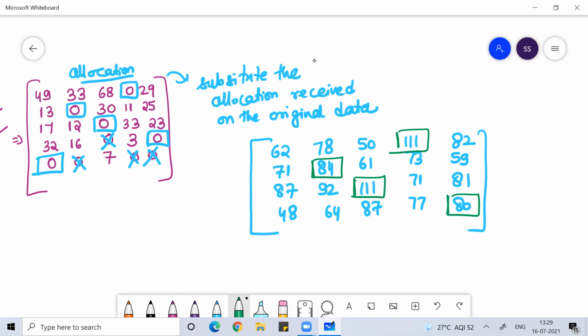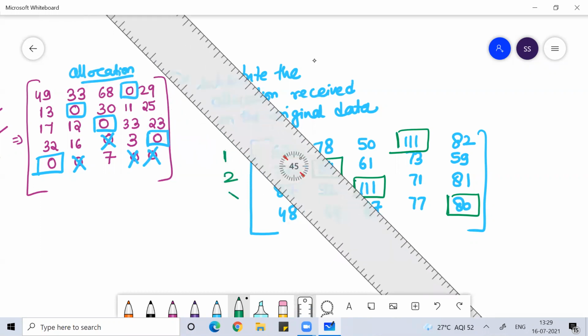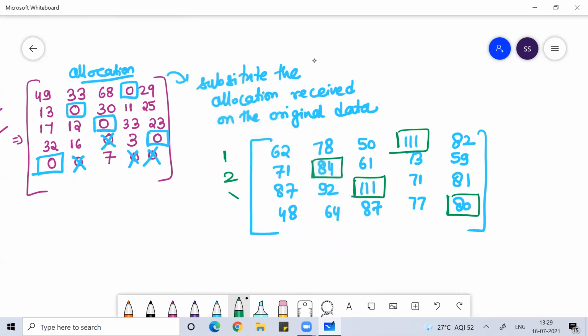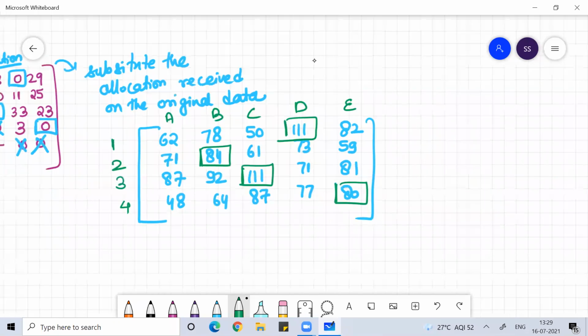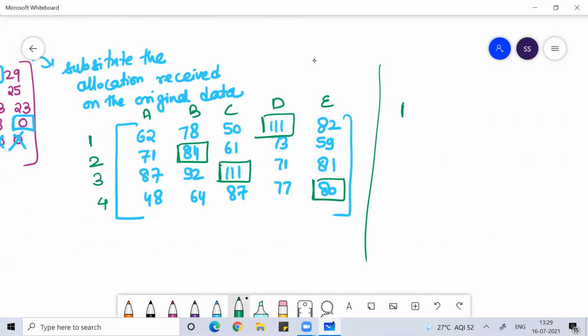So there are only four. So you had only four mechanics. So mechanic one, two, three, four. Four mechanics are there, and the jobs they are doing are A, B, C. One job will definitely remain vacant.